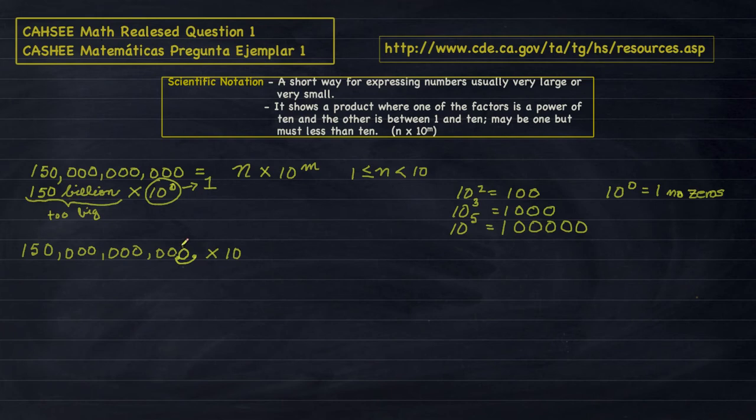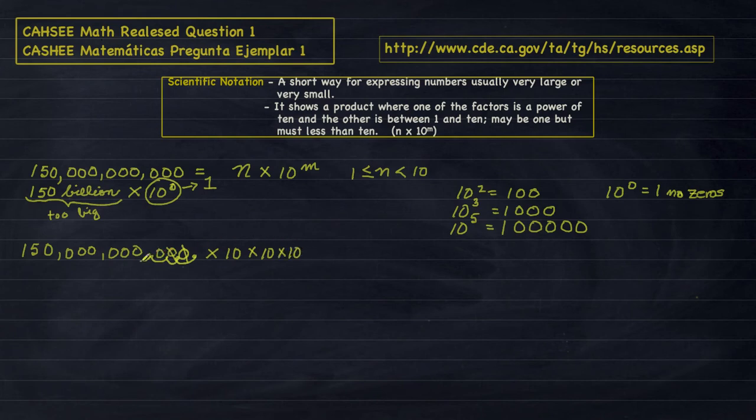So dividing by 10 makes this number smaller. Okay, so that means that I have eliminated one of the zeros. If I move it again another time, I would eliminate another 0. Eliminating another 0 means I gotta multiply times another 10. I move again another place, then I multiply again by 10.